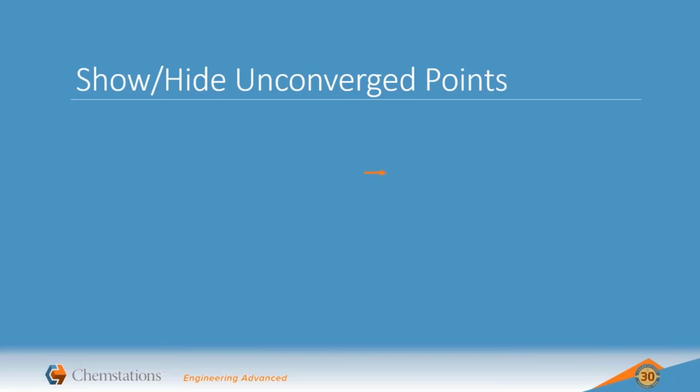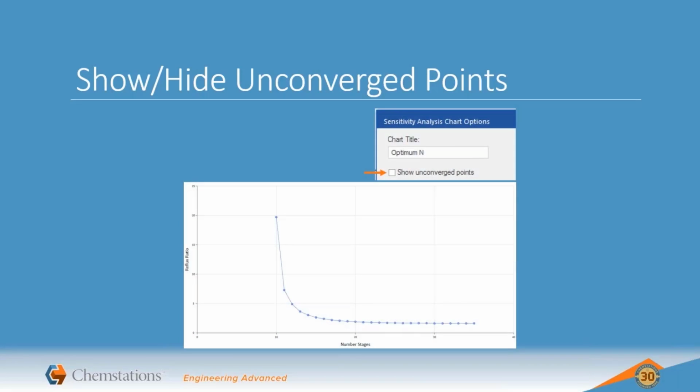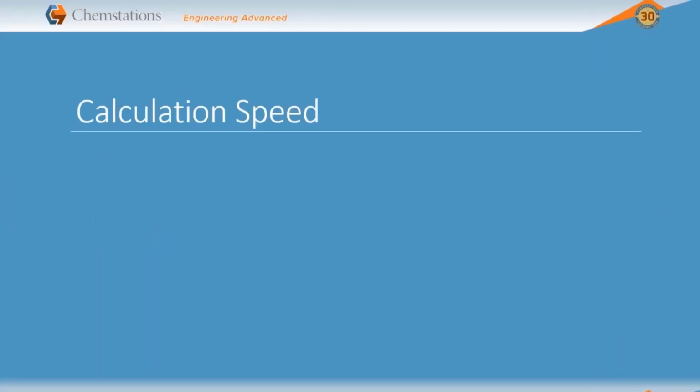So by unchecking the Show Unconverged Point option, we're able to remove the outliers from the chart and focus on the valid operating range of the process. Please note that this option does not remove the data from the report, it just removes it from the chart.